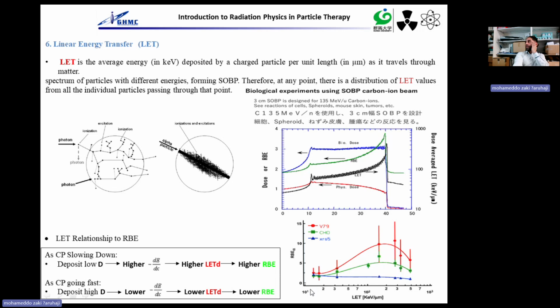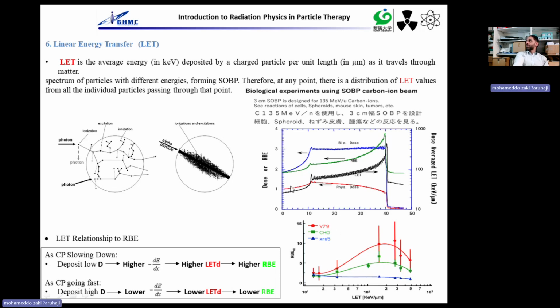Okay, so I have LET here, and I have RBE. What is the ideal graph for LET and RBE? Here we see at first low, then high. The whole point is to illustrate that RBE changes with LET. If LET increases, RBE will increase, but it also depends on the type of cells. Every cell has a different way to respond.